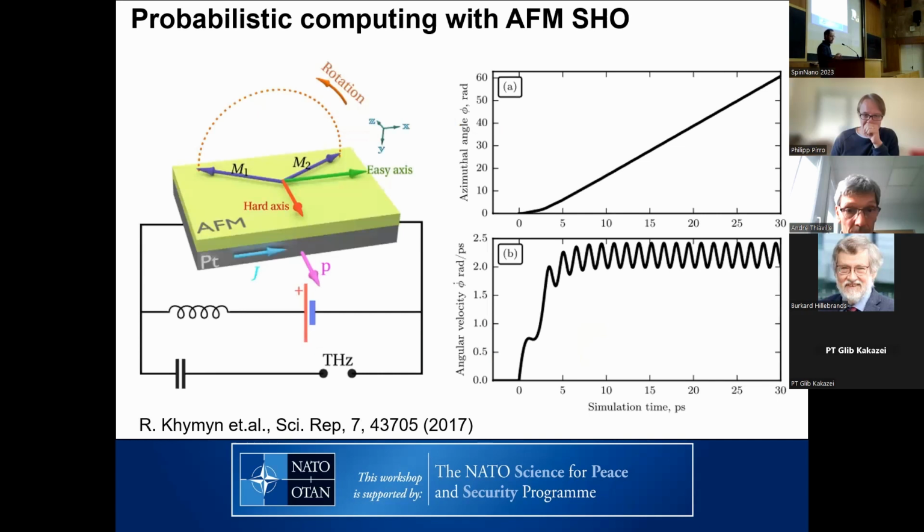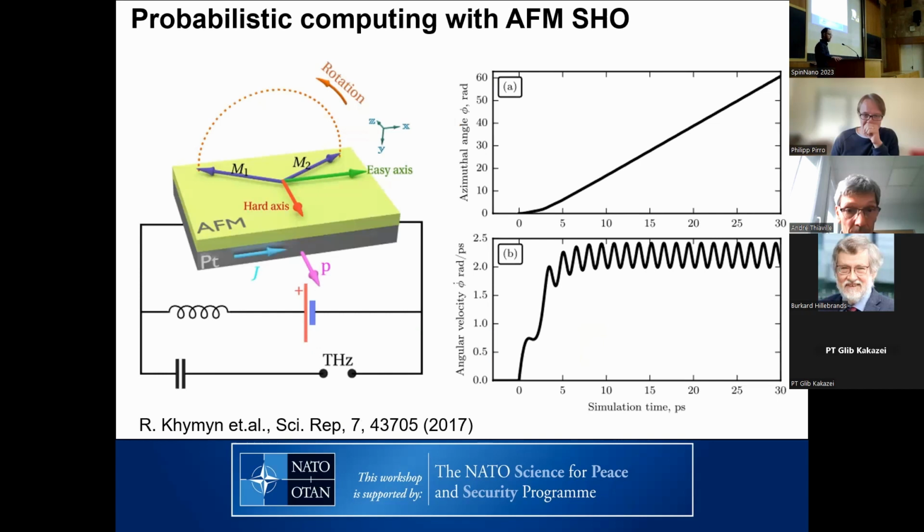When we apply DC current to the platinum, we have the spin Hall effect acting on the antiferromagnet, and due to this anisotropy field, that is very important, the Néel vector rotation, as you can see on the second graph, is modulated by some terahertz frequency. This terahertz frequency can be detected by the inverse spin Hall effect.